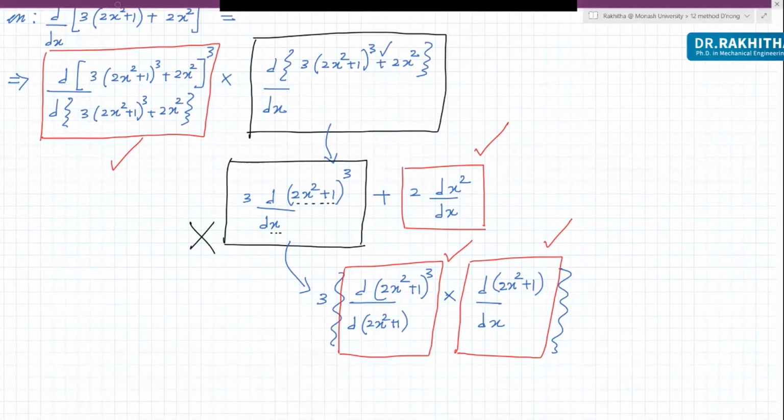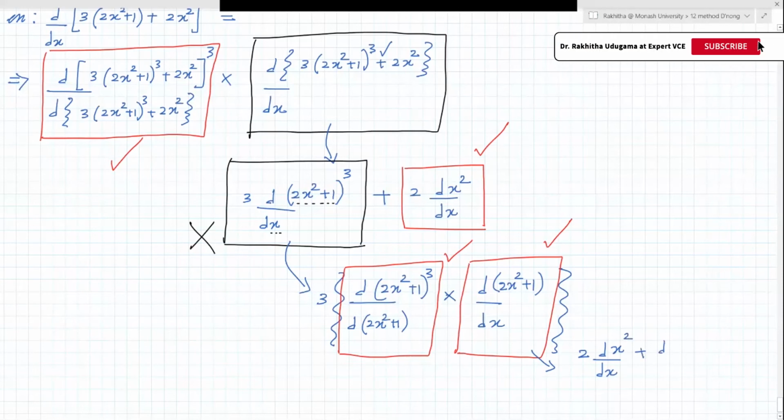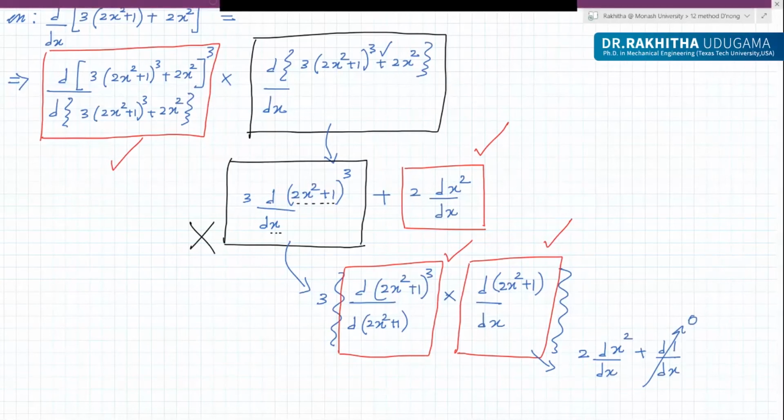If I want to show you the details, you can write 2 d/dx of x squared plus this, which is going to be 0. So this one is not a big deal now. See, we broke the problem.